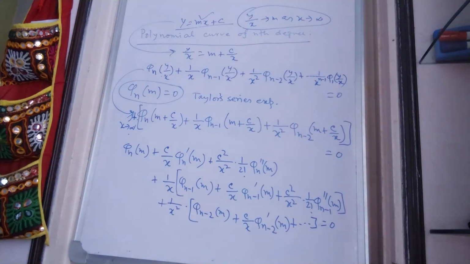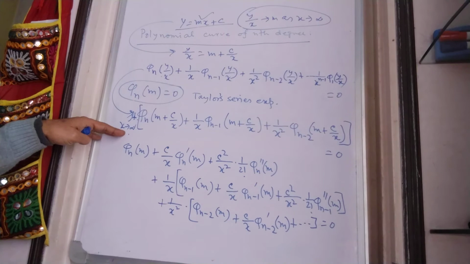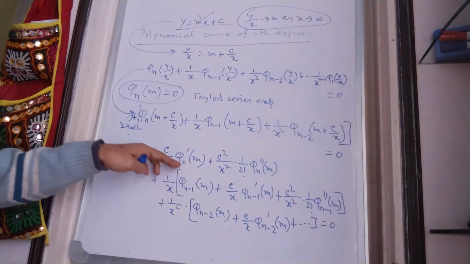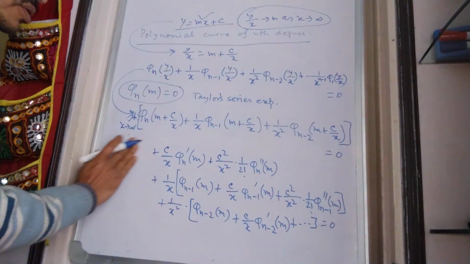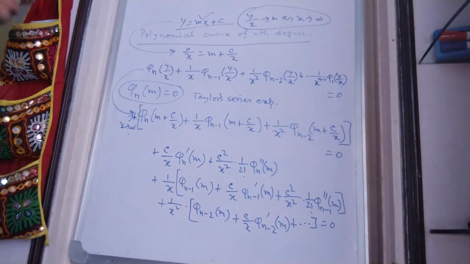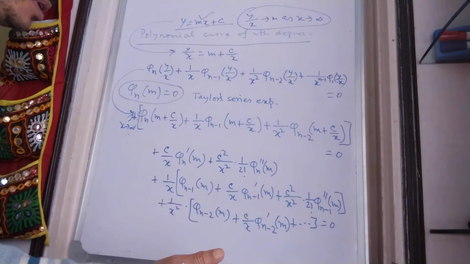Now just see that phi n m is 0, we know that as we take the limit. We are taking the limit term by term. So this term cancels out. And now we can easily multiply with this x, and it is advisable obviously.